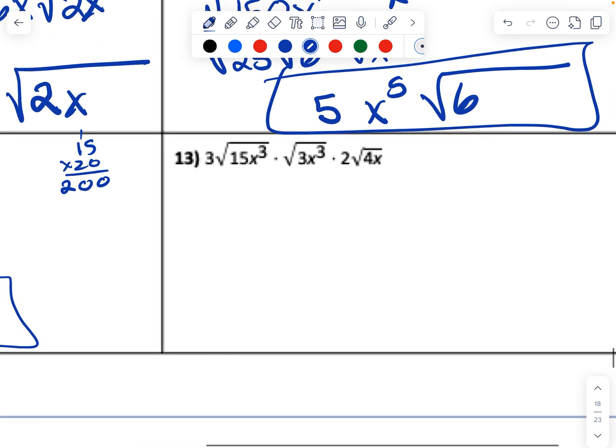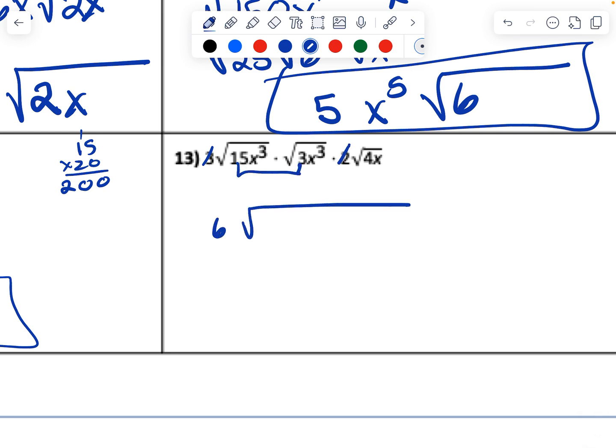In the last one, let's see, 3 times 2 is 6. Times the square root of 15 times 3, 45, times 4, 180, x to the 7th. Let's see, is 180 divisible by 4?